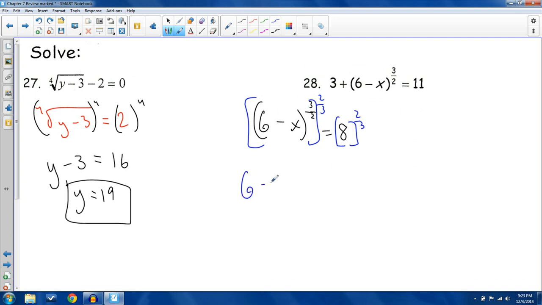Okay, so this becomes 6 minus x to the first power, which is what we want. Cube root of 8 is 2. Notice how these come out great for you. 2 squared is 4. I could have done 8 squared, which is 64. That's not too big. And the cube root of 64 is 4. That still gets us there. Subtract 6 and divide by -1, multiply by -1. You get x equals 2. And there's a final answer.